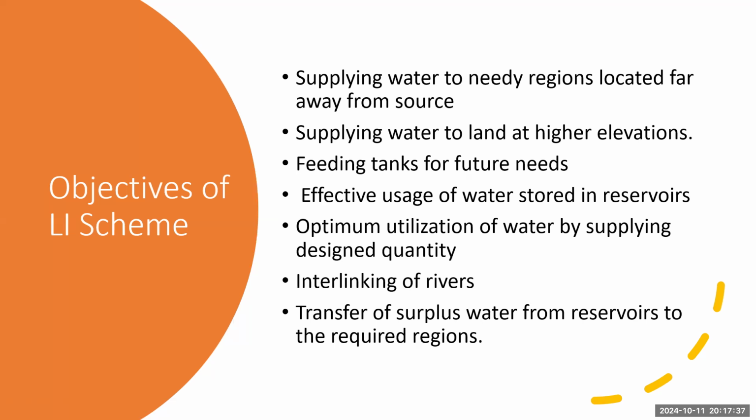But here there is a power requirement, and that's why the operating cost is higher, and the cost of irrigation water is also higher. So the water use is limited. That is the meaning of optimum utilization of water by supplying the designed quantity. Lift irrigation schemes are also required in interlinking of river projects. They are also required to transfer the surplus water from reservoirs to the required regions. So these are some of the objectives fulfilled by lift irrigation scheme.